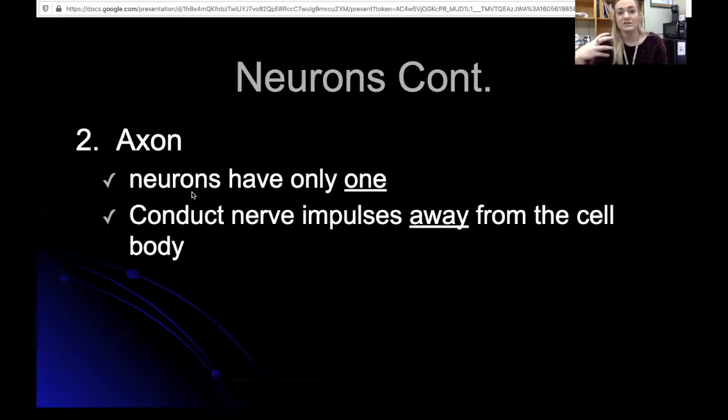So whereas the dendrites received the stimuli, the axon is going to conduct these nerve impulses away from the cell body. So they are going to send the messages back out. That is pretty much its function, to send those nerve impulses out away from the cell.